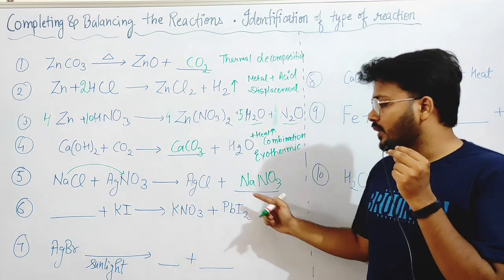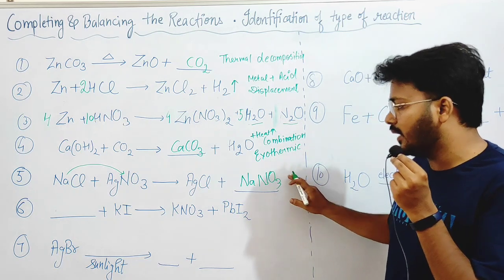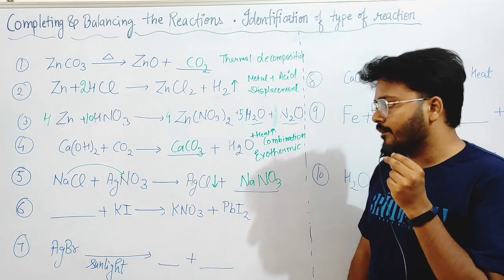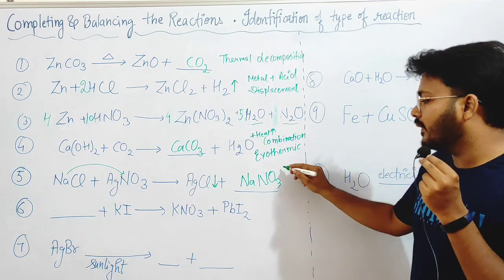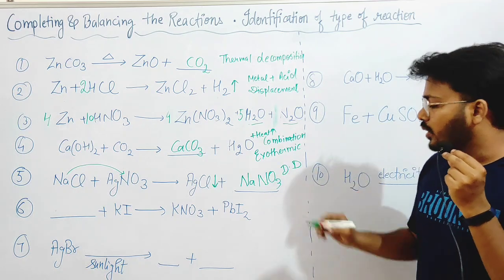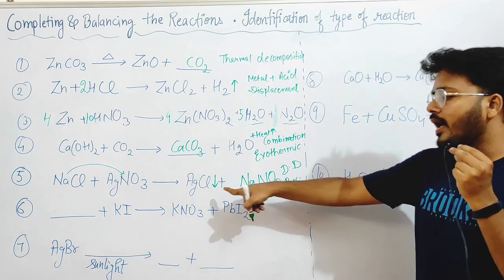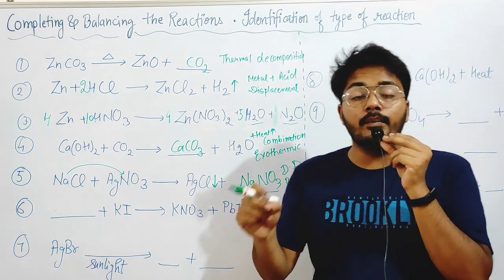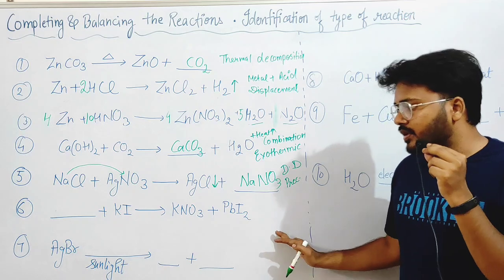Out of these two products, sodium nitrate is soluble in water, and silver chloride will precipitate out. Now looking at the type of reaction, this is a double displacement reaction. Also this is a precipitation reaction, because the undissolved salt silver chloride will precipitate at the bottom of the test tube or a beaker.